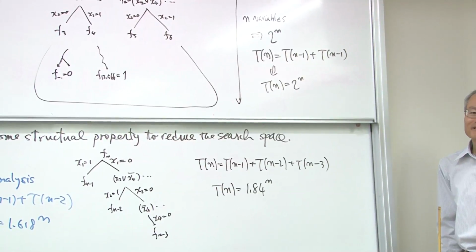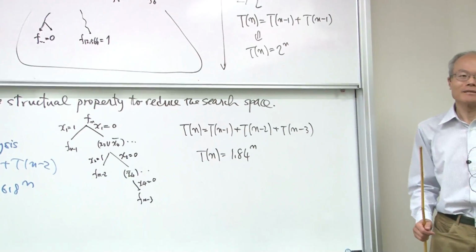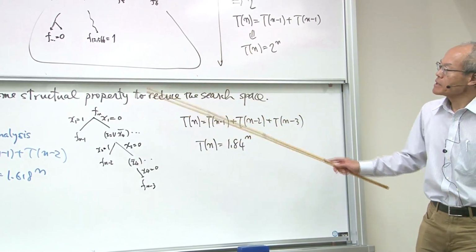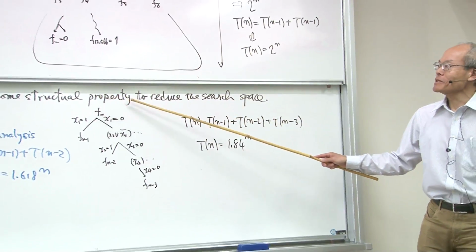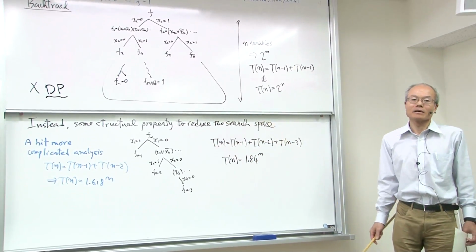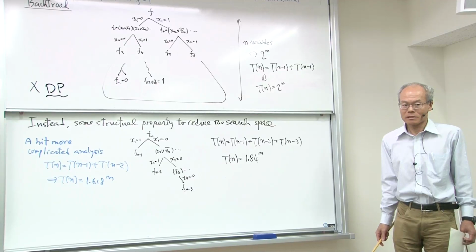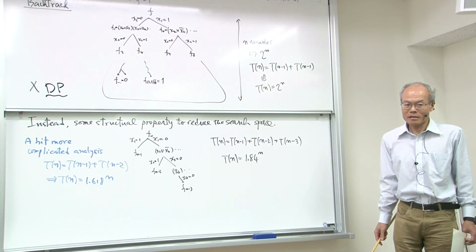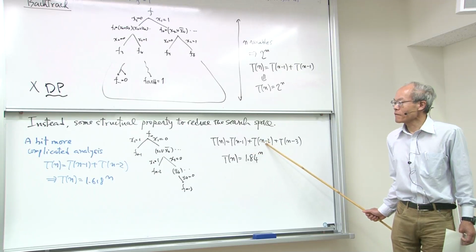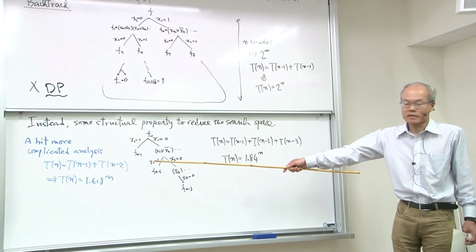Okay. So this is the idea of backtracking. So the basic idea of backtracking is to find some structural property to reduce the search space. Okay. Then you can get this kind of a recursion formula, or that kind of recursion formula.